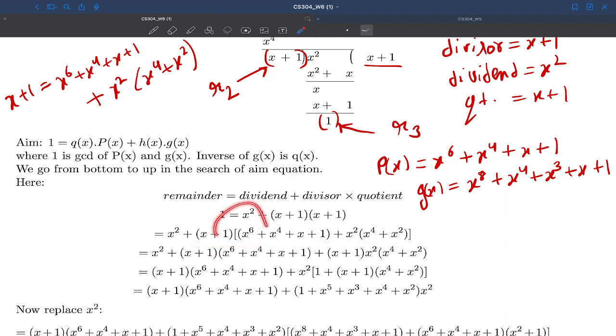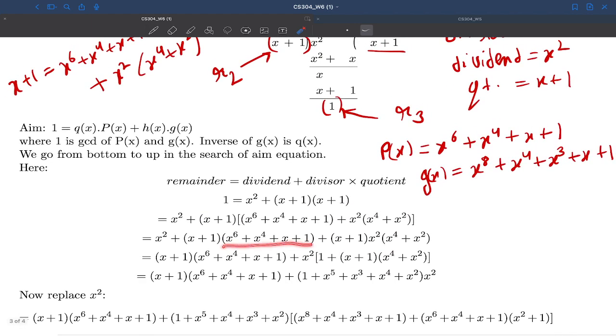If I multiply x plus 1 with this, I will get this. Now I can see that this is my p(x), and p(x) is getting multiplied to x plus 1. So I keep this term and place it here. So this looks like q(x) and p(x).